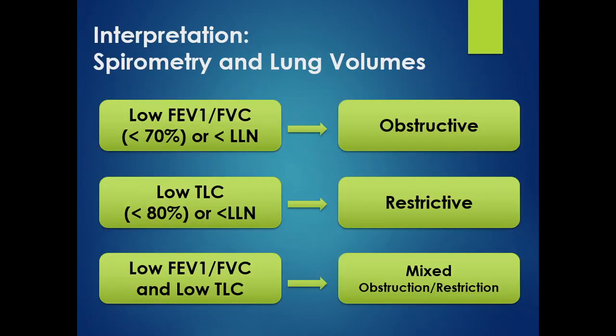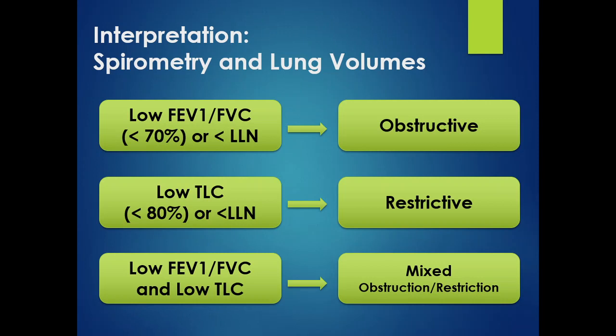Now, when we add lung volumes to the interpretation, we can use these rules. A low FEV1 over FVC, less than 70% or less than the lower limit of normal, which is 80%, is obstructive. A low total lung capacity, less than 80% or less than the lower limit of normal, is restrictive.